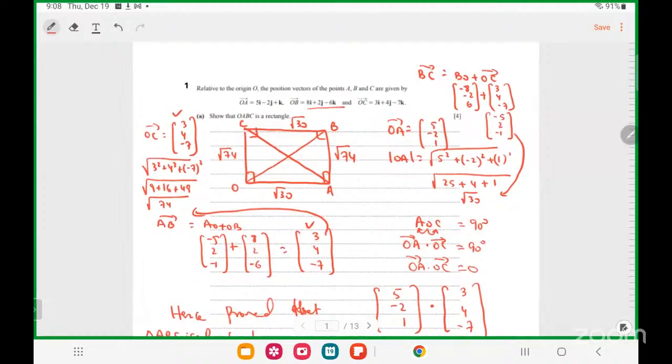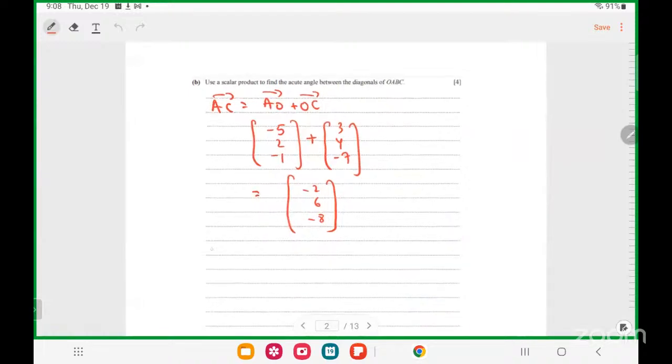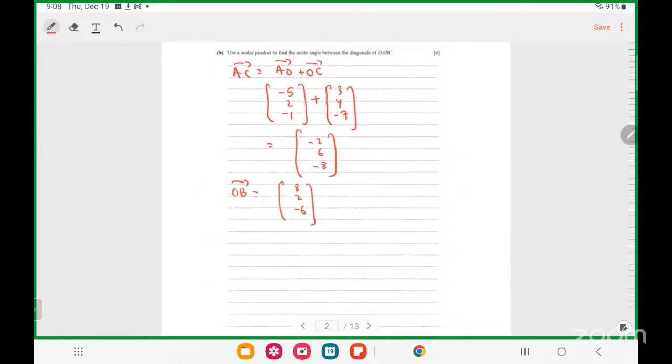OB is already given, that is (8, 2, -6). And I will find the angle between these two.